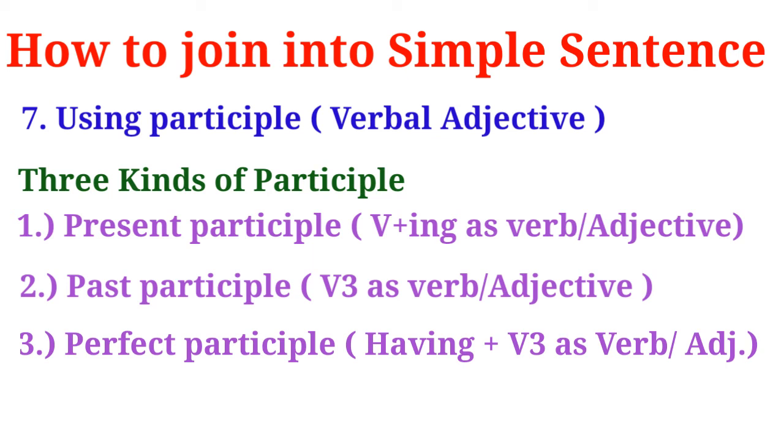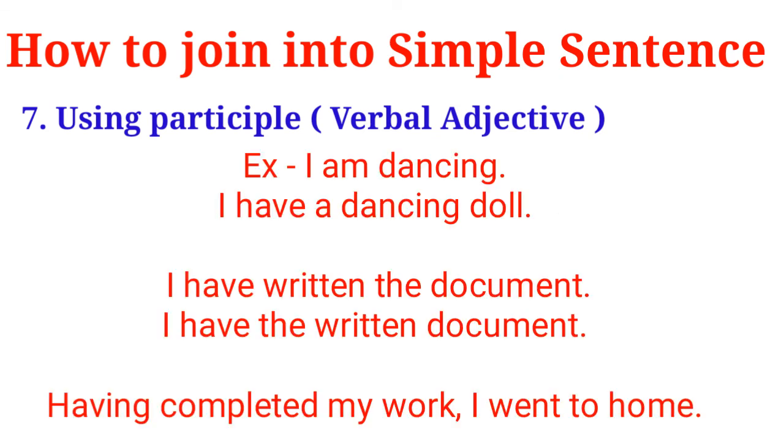Observe a little bit the kinds of participle: present participle, past participle, and perfect participle. So the examples are here. I am dancing. Here dancing is what? Verb. That's why this is participle. I have a dancing doll. Here dancing is adjective. That is why this is participle. I have written the document. Here written is verb. That is V3. That's why this is participle, past participle. And I have the written document.